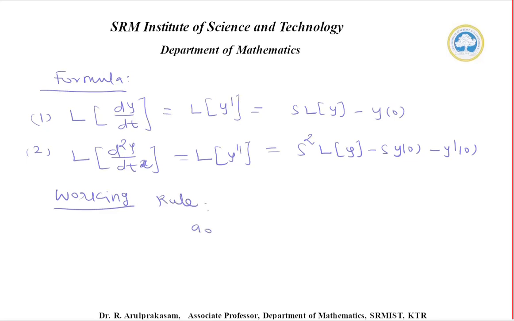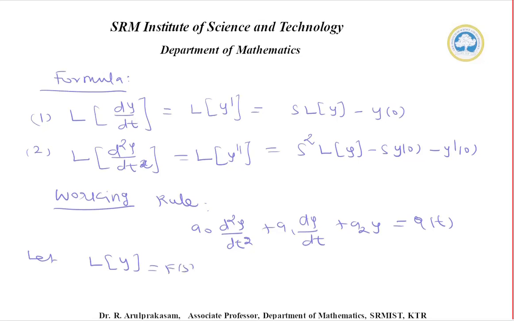Suppose I have the equation d square y divided by dt square plus a1 dy divided by dt plus a2 y is equal to some q of t, any function of t. Let L of y be equal to some f of s.